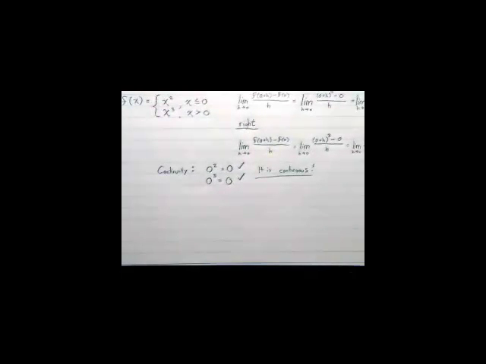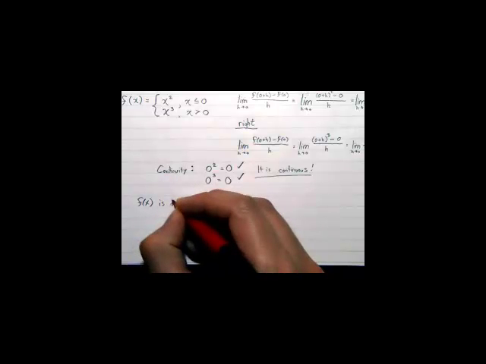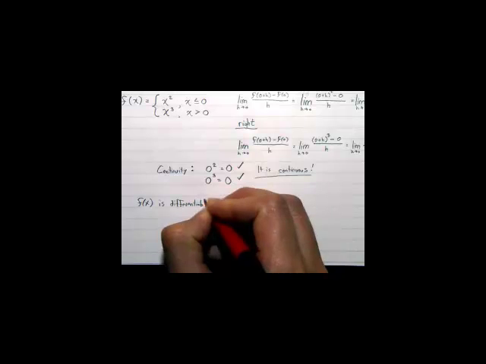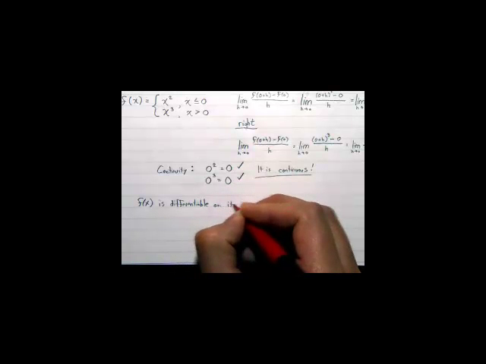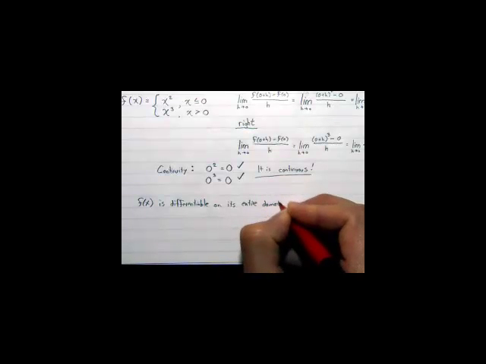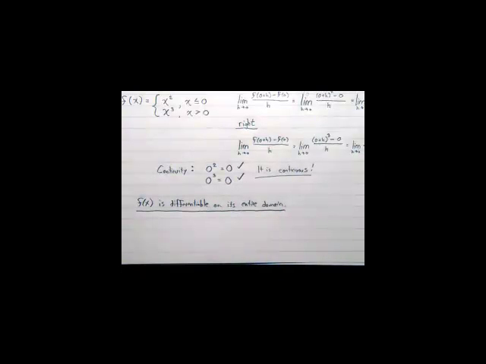So then our conclusion for this problem would be f of x is differentiable on its entire domain. So there are no points of non-differentiability that we're running into with this.